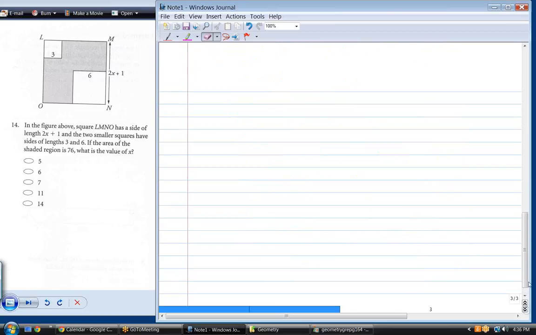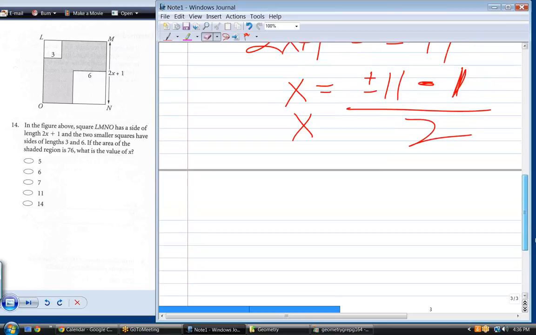And now what are the two different values that x could be? x could equal -5 or 6. Positive 11 minus 1 would be 10 over 2, so positive 5. Minus 11 minus 1 is minus 12 over 2, or -6.